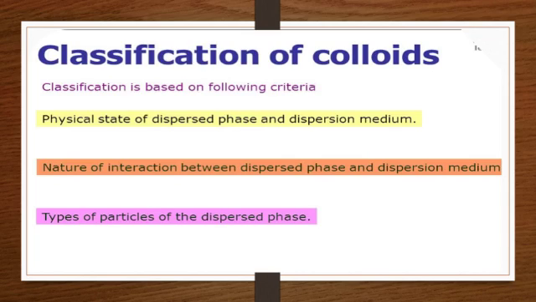Now, let's discuss the classification of colloids. Colloids are classified in three different ways: based on the physical state of dispersed phase and dispersion medium, based on the nature of interaction between dispersed phase and dispersion medium, and based on the type of particles of the dispersed phase.